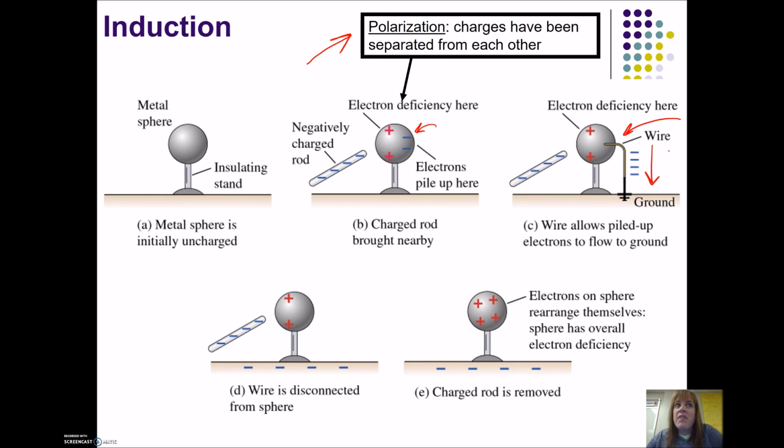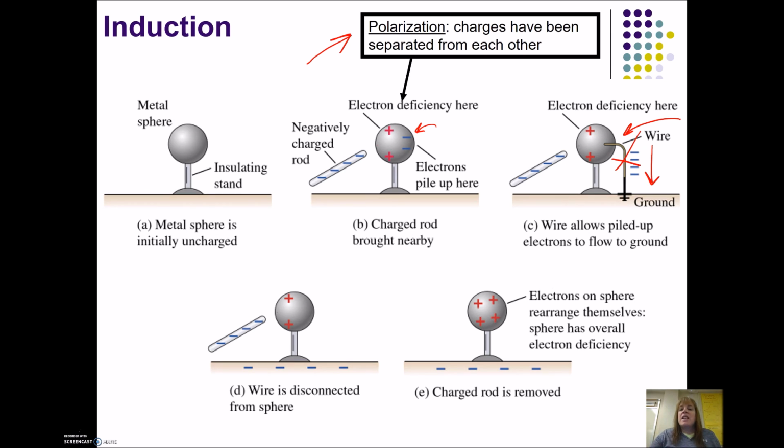Now, if I keep the rod there, those electrons will stay in the ground. So then if I disconnect that wire, then those electrons are stuck in the ground. They don't have a path back to that sphere. And so then if I remove the charged rod, I'm going to leave the sphere with an opposite charge, so the positive charge.